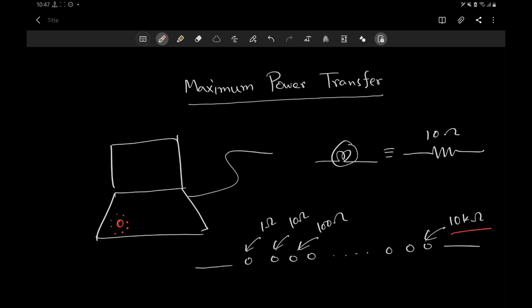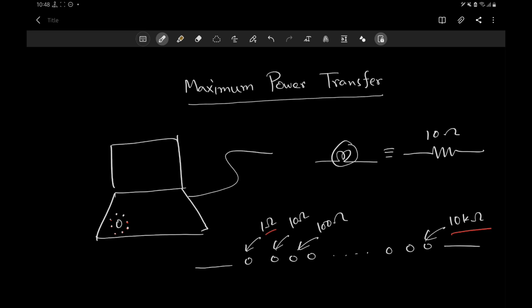You don't like that, you want the brightest light. So you change that 10 kilo ohm light bulb and use the 1 ohm light bulb, thinking the low resistance might be helpful. But it turns out this is also very dim. It doesn't glow very brightly.